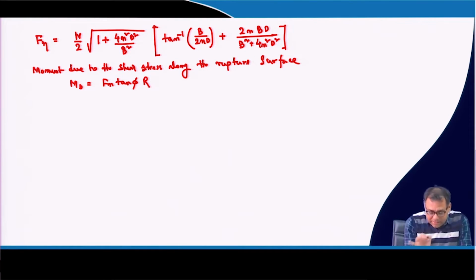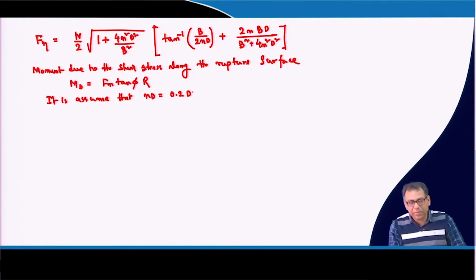Now, it is assumed that N D is equal to 0.2 d. It is observed that this point of rotation is around 0.2 d above the base of the well.